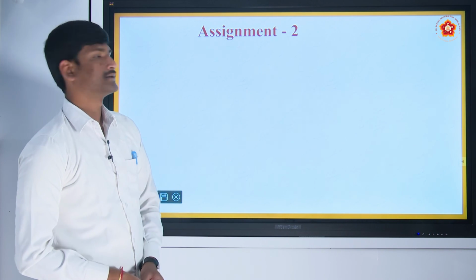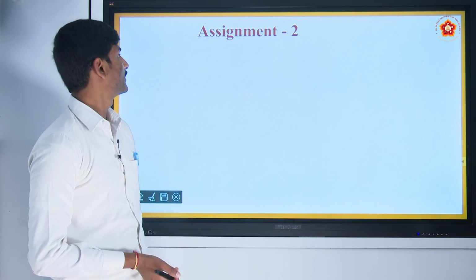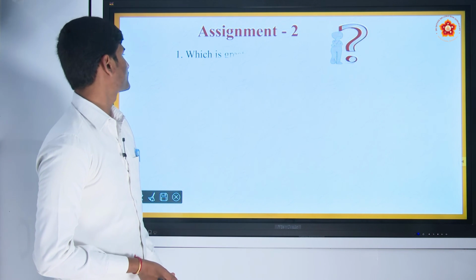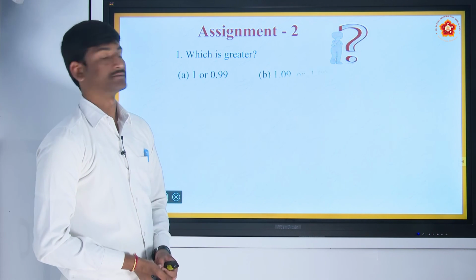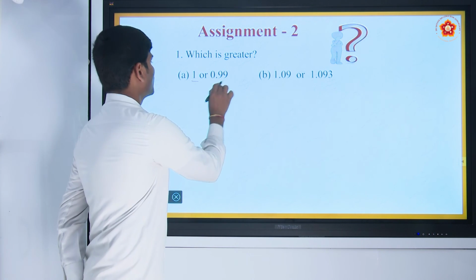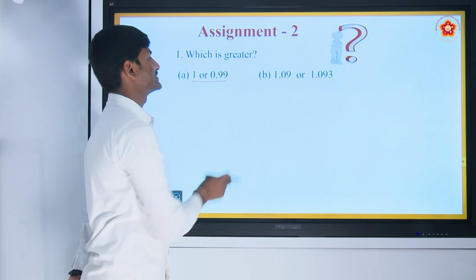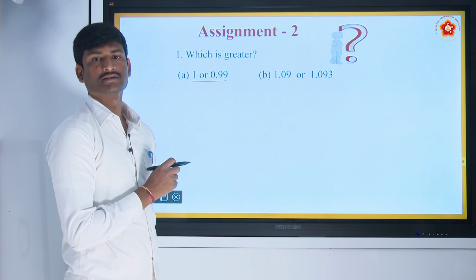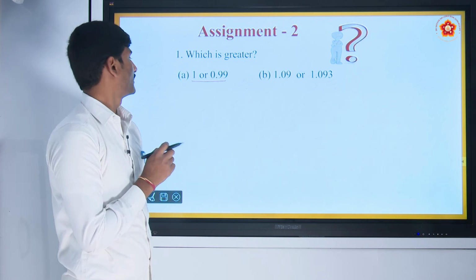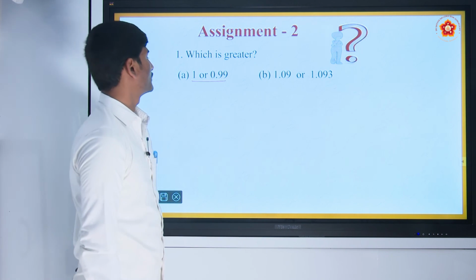Then some assignment questions are given. The first one is, which is greater, 1 or 0.99? These two questions are about comparing decimals. Okay. 1 or 0.99.